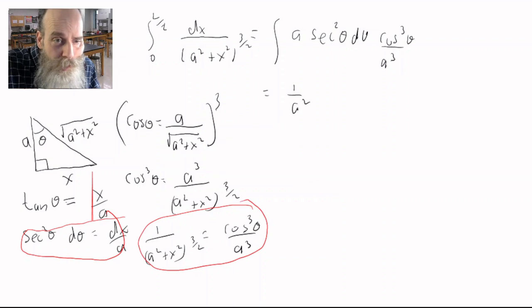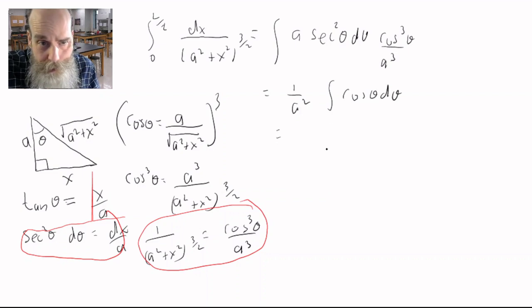Now, sec squared theta is 1 over cos squared theta. So we have cos cubed theta over cos squared theta, which is just cos theta. So integral of cos theta d theta, and the integral of cos theta is sine theta. So it's 1 over a squared sine theta.